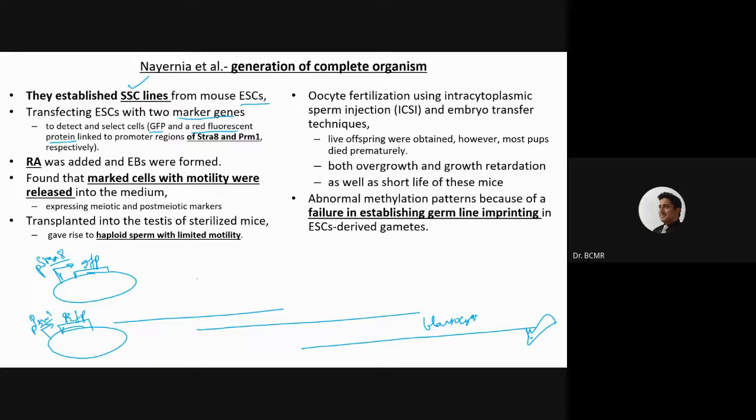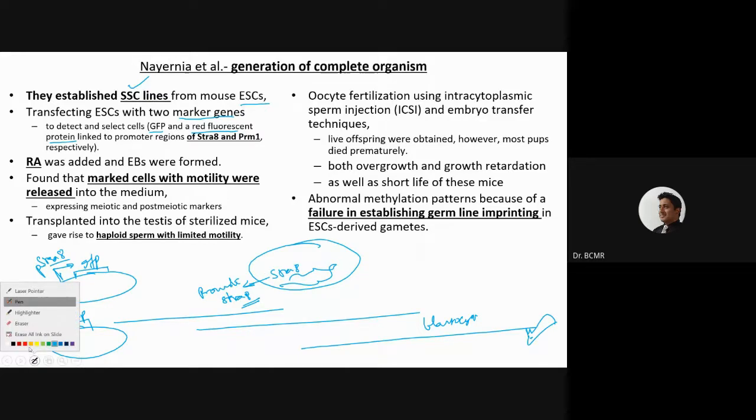That means if there is a cell in which there is expression of STRA8 from its genome, what does that mean? It means that the promoter of STRA8 is active. Say I have the same promoter as is present for STRA8 here, except that I have GFP here.